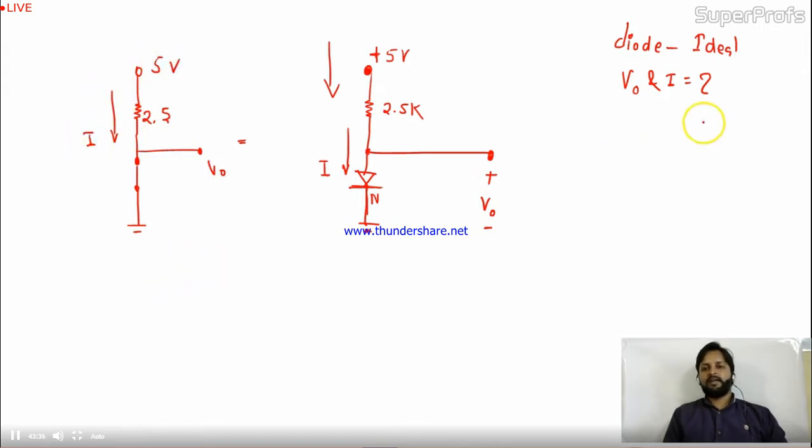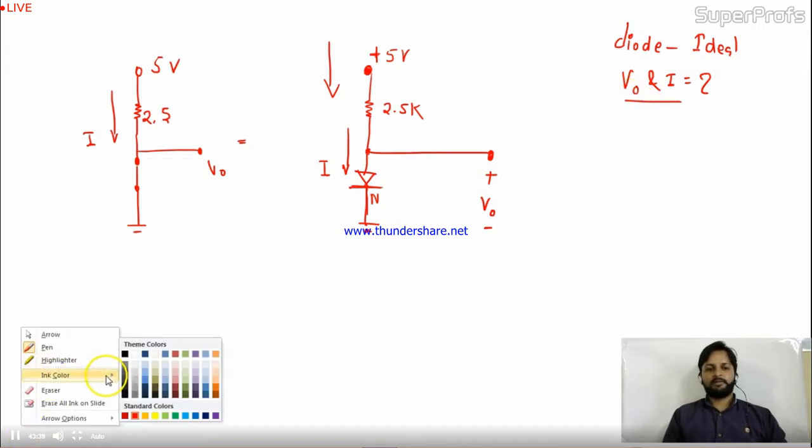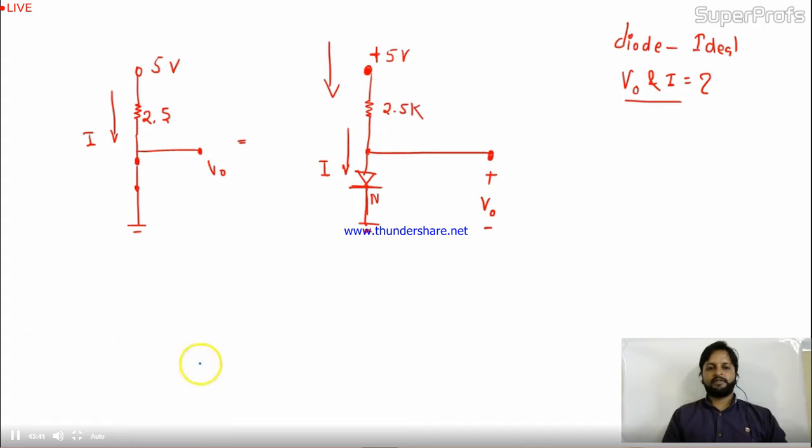Now he's asking for V0 and I. Can you find V0 for me now? Yeah, V0 is directly 0. Why? Once the diode is short, the voltage becomes 0 volt, because this V is directly connected to the ground now without any resistance in between.